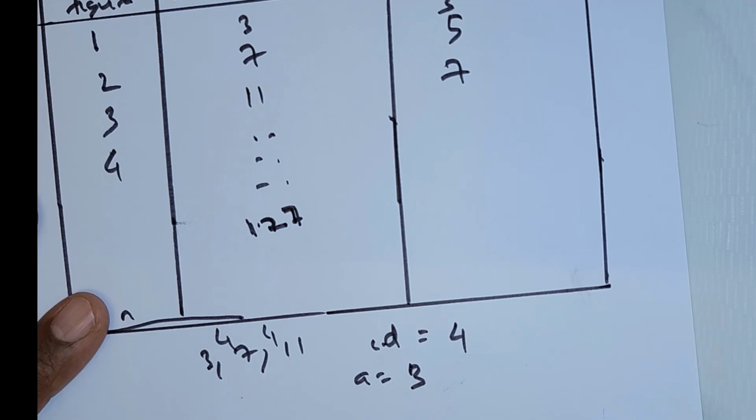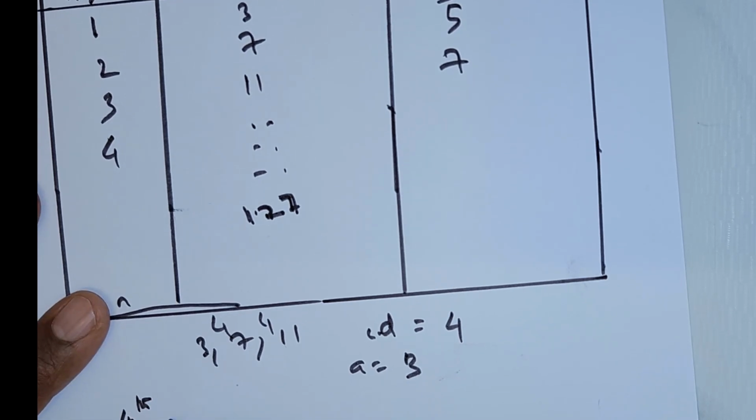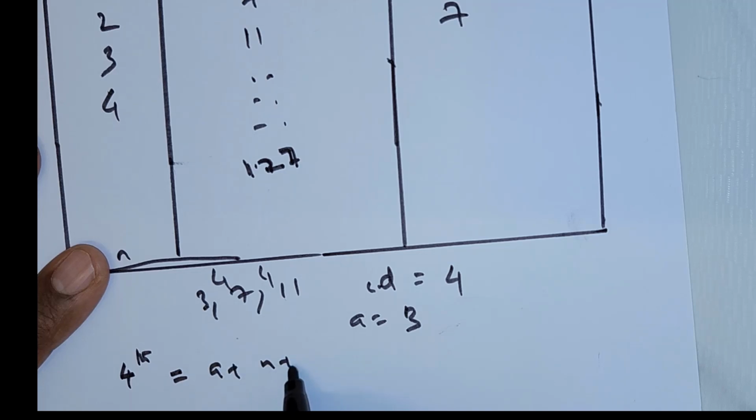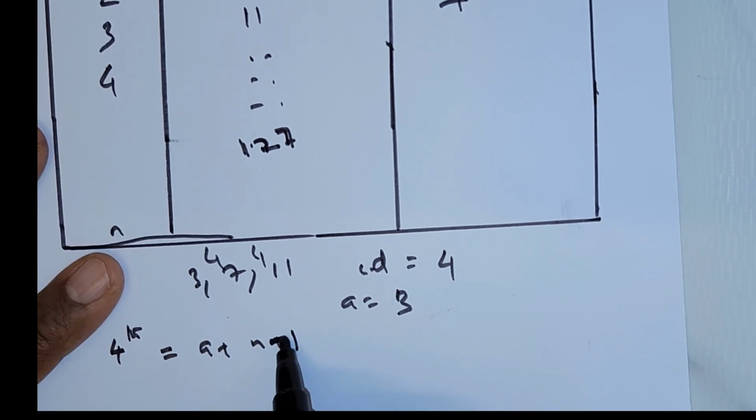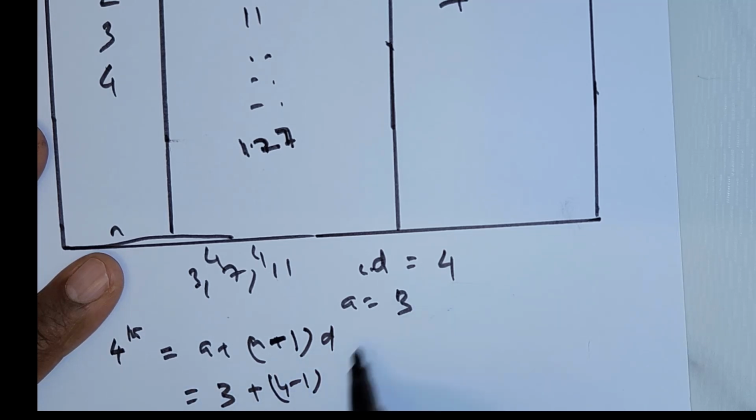So if I want to get the fourth term, I will have to use a plus (n minus 1) times d, which is 3 plus (4 minus 1) times 4.